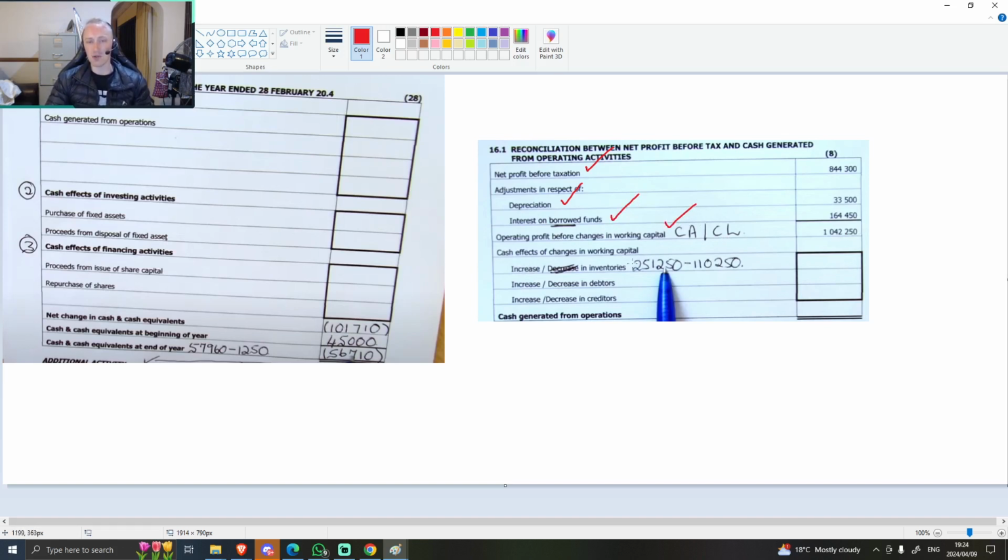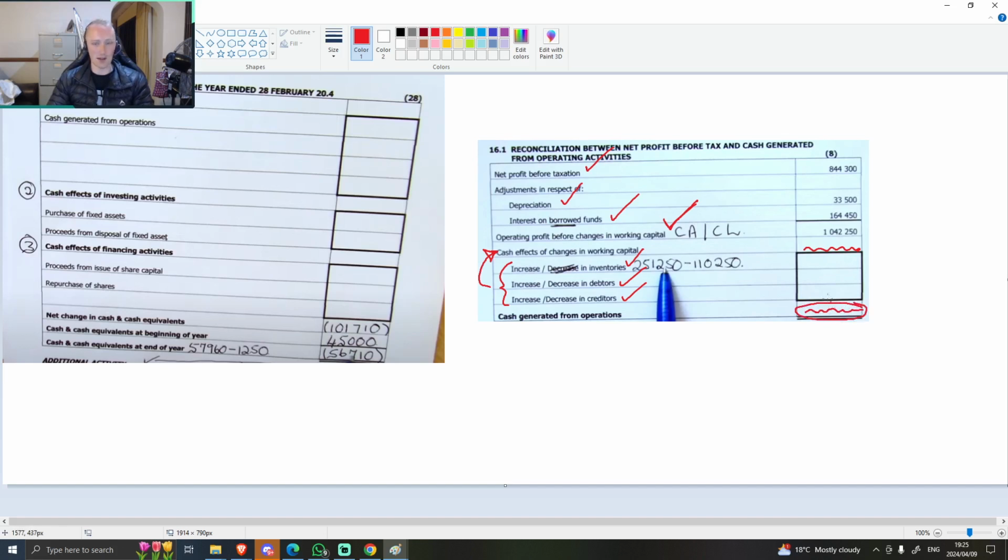We then have to show our increase or decrease in inventories, our increase or decrease in debtors, our increase or decrease in creditors, and those things together are called our cash effects of changes in working capital. We take our operating profit before changes in working capital and we plus or minus, depending on whether it's a net increase or decrease, our cash effects of changes in working capital, and that gives us cash generated from operations.